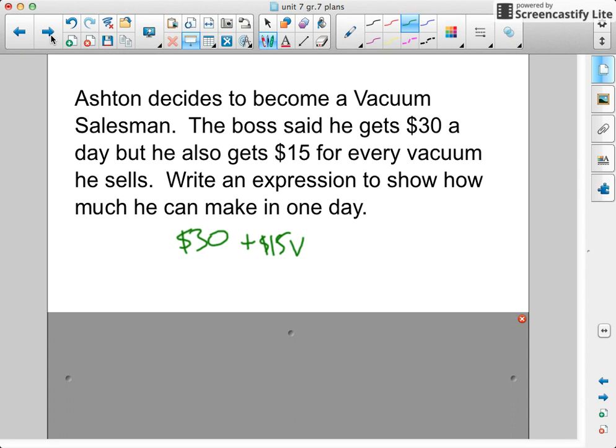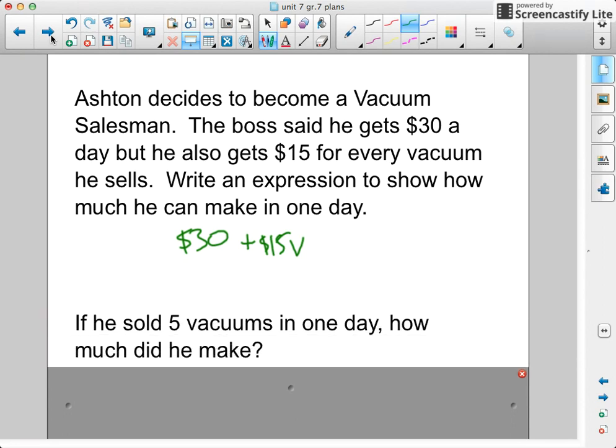Okay, that's our expression. So let's see. If he sold 5 vacuums in one day, how much did he make? Well, we would go 30 plus 15 times 5. We have to do the multiplying first for order of operations. So 15 times 5 is 75. So it would be 30 plus 75. So he would make $105.